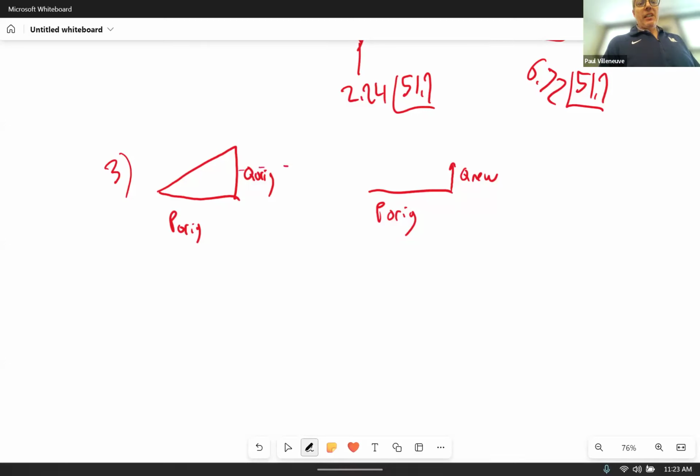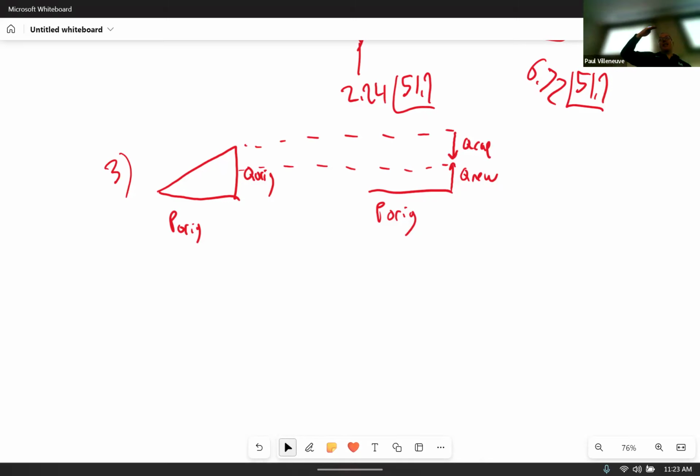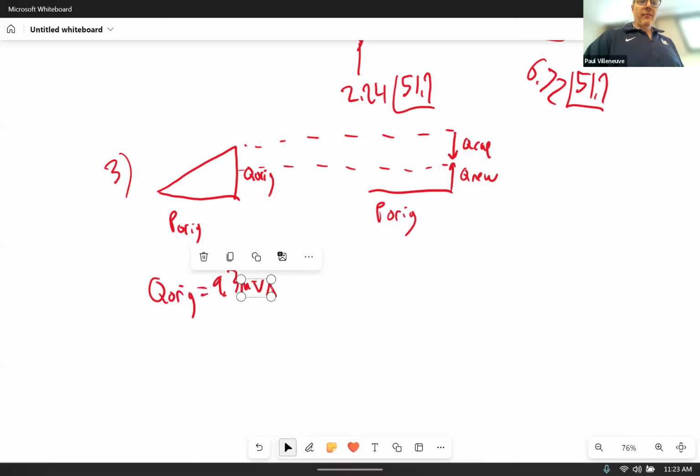If I draw a line between the original and the new, this is what that capacitor needs to be to knock down the original power factor to the new power factor. So you had two power triangles to draw, the original and the new, and then you just calculated Q. In the first case, I calculated 9.3.